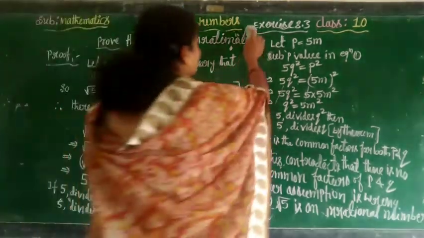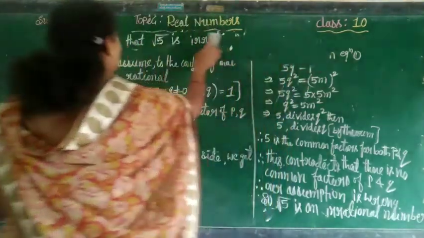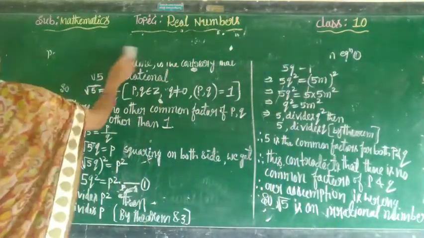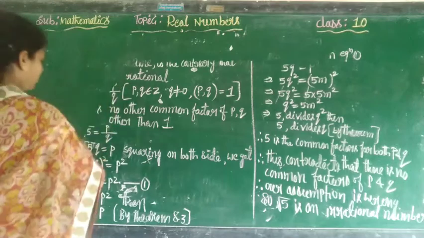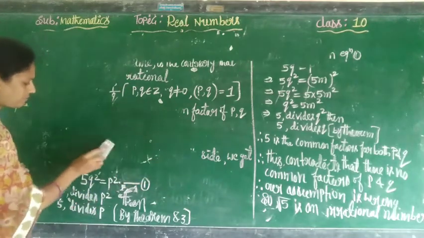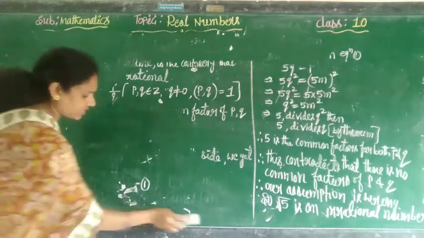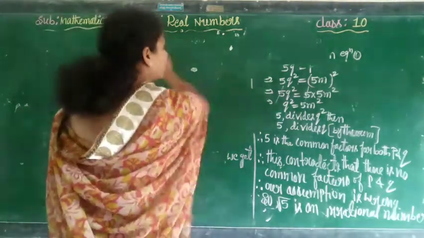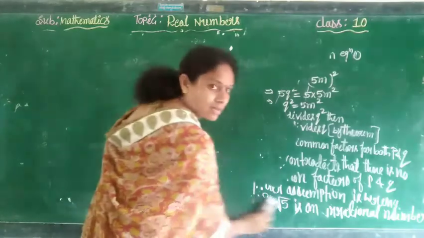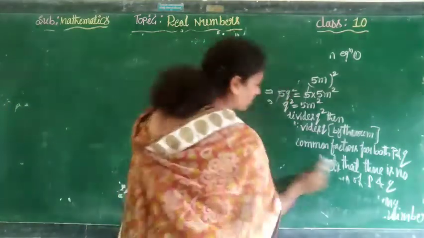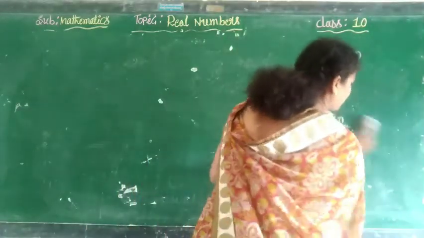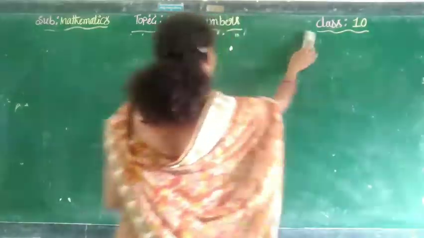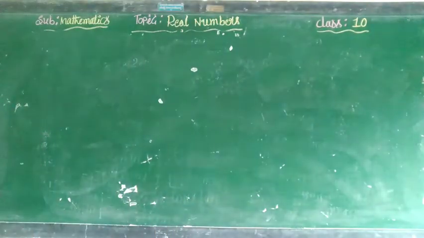Example 10. Show that 5 minus root 3 is an irrational number. So we take one more example.